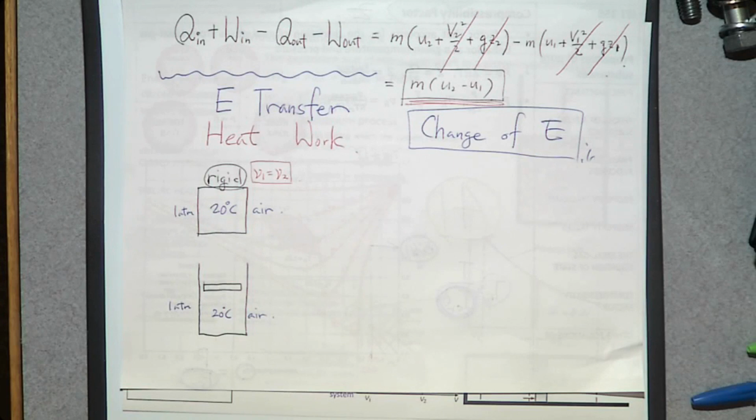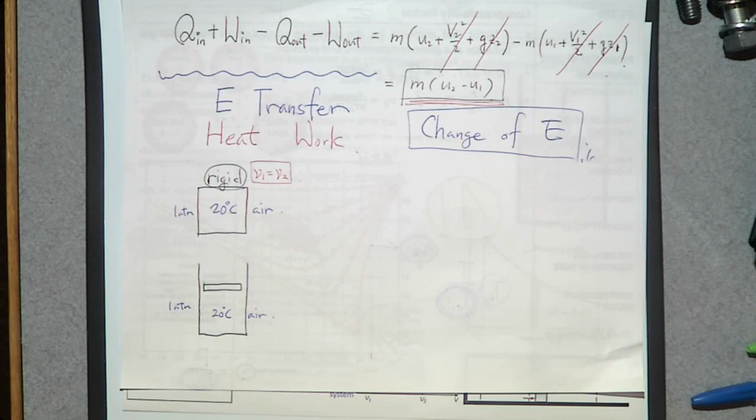Rigid container? Is that your system? Piston cylinder device? Is that your system? What is your system? The air is inside the system. So the temperature of air is 20, pressure of air is 1 atm, temperature of air 20, pressure of air is 1 atm. Are they the same system or not?